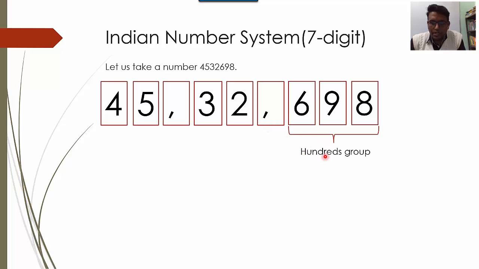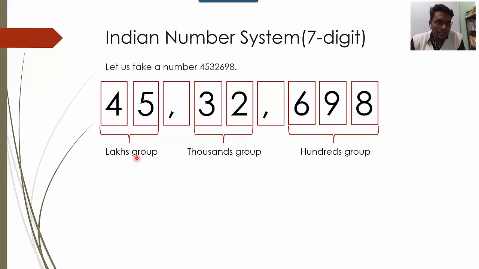So the first group here is the hundreds group, which consists of ones, tens and hundreds, and the second group is the thousands group, which contains two digits, that is 1000 and 10,000, and the third group we have is the lakhs group, which consists of lakhs and 10 lakh. Now this becomes very easy to read the number.